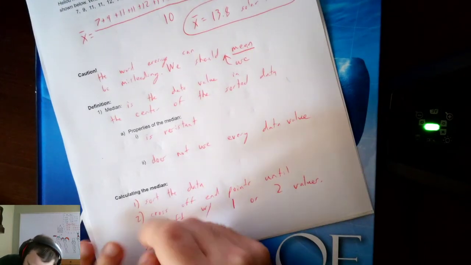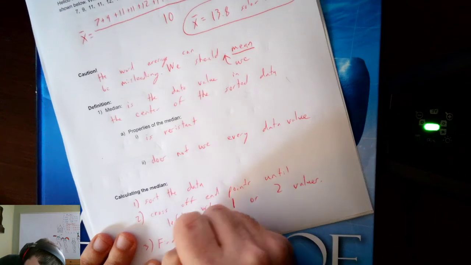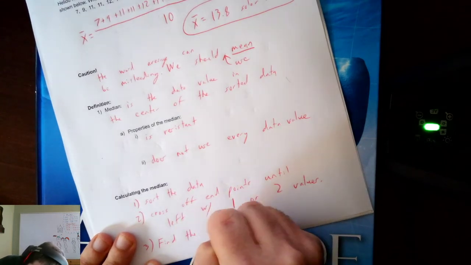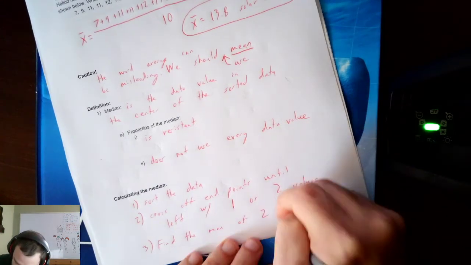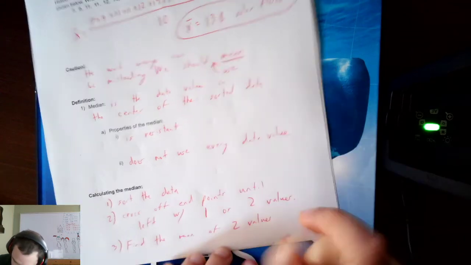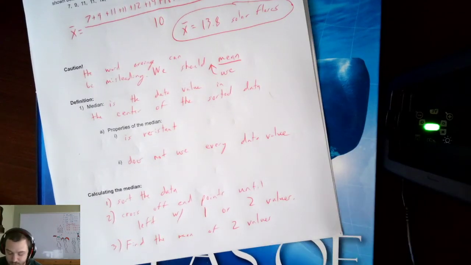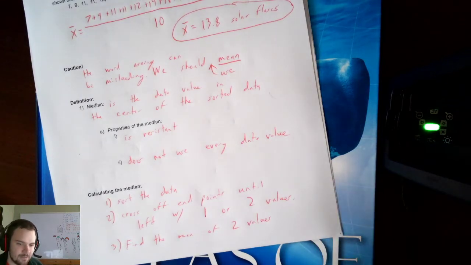Step 3, find the mean of the 2 values if necessary. If you get 1, you're done. If you get 2, you need to find the mean of them.